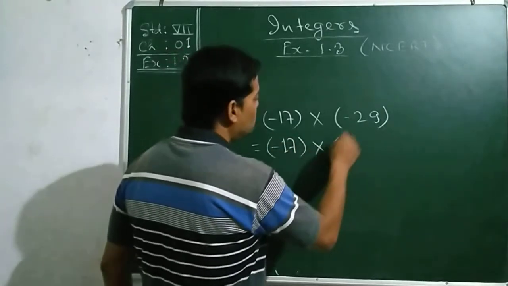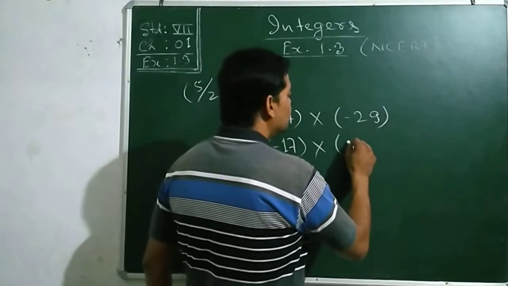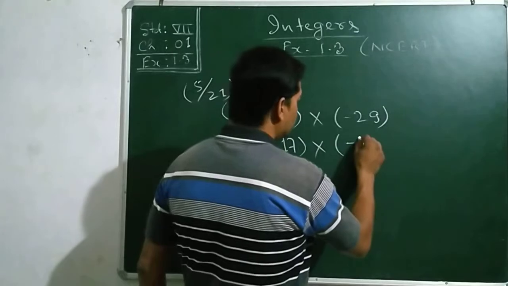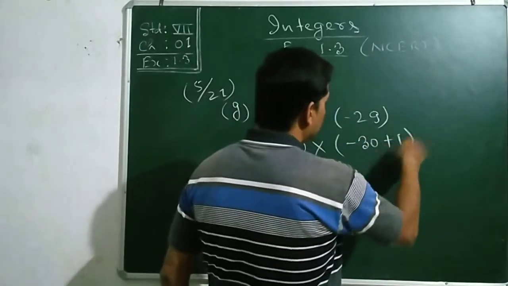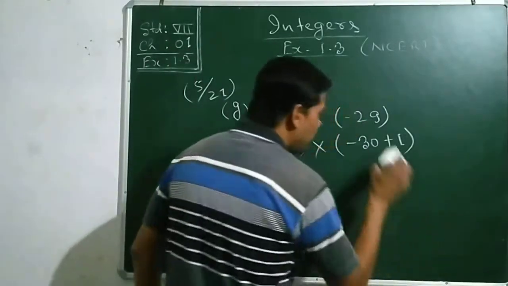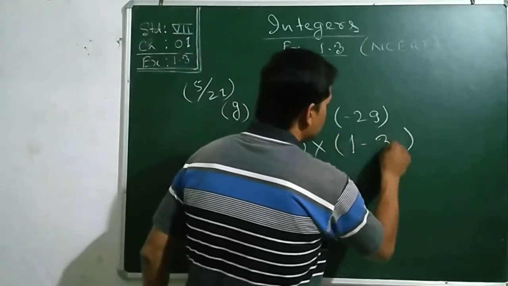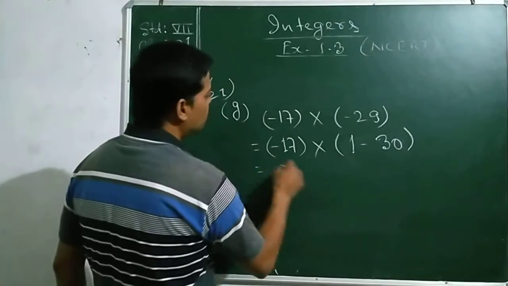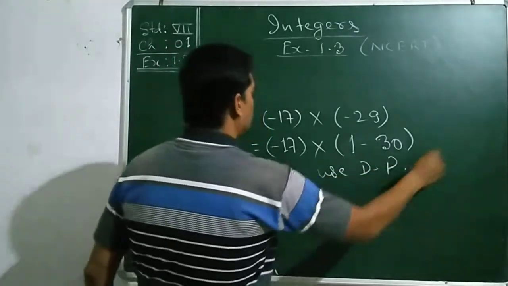Minus 17 into minus 29, minus 29 can be written as minus 30 plus 1, or 1 minus 30. So instead of writing minus 30 plus 1, you will write 1 minus 30. Now A into B minus C. Use DP now. DP is distributive property.